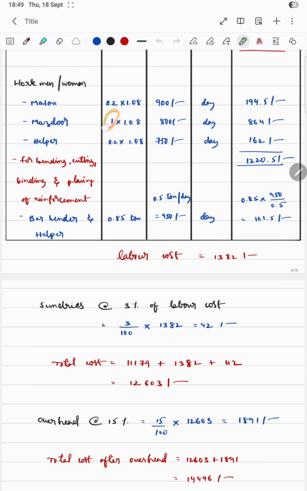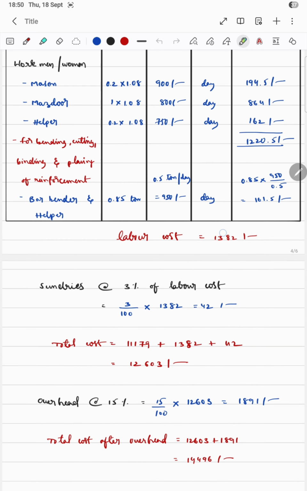His contribution is 100%. Per day he gets 800 rupees, and we got 864 as his total. For a helper, his share is also less, and he gets 750 because he doesn't have any skill. He just does manual and physical work, and we get 162 rupees as his total.